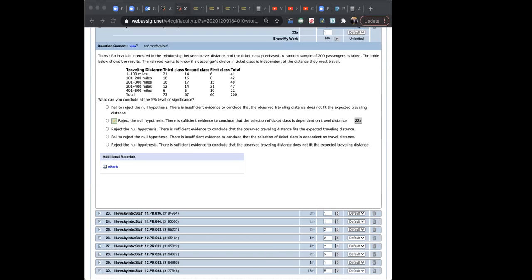Then you name your row labels and your column labels. You can enter up to 5 comma delimited values, so be careful how you enter your labels here, and just separate them using a comma, okay? And hit compute, and when you do that, you'll get your results.